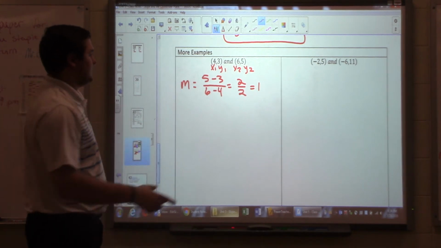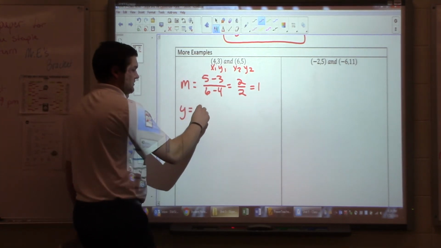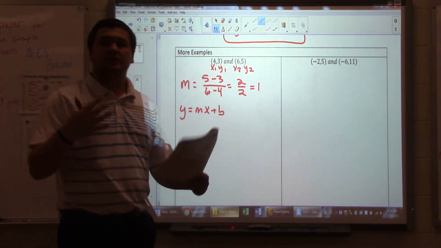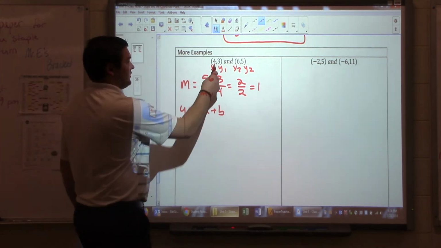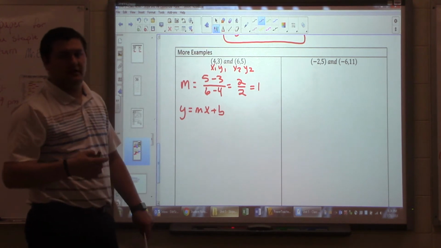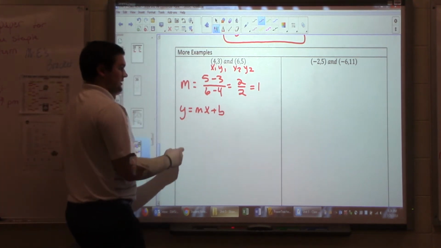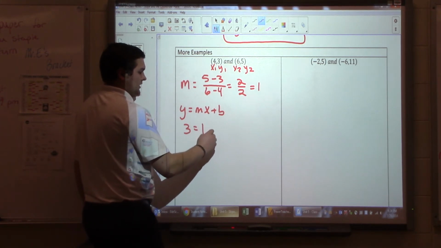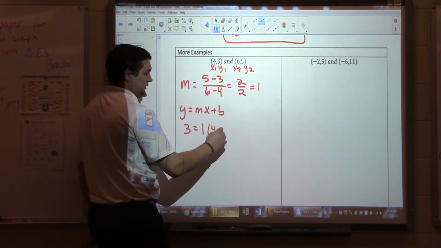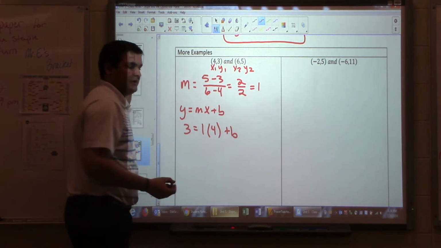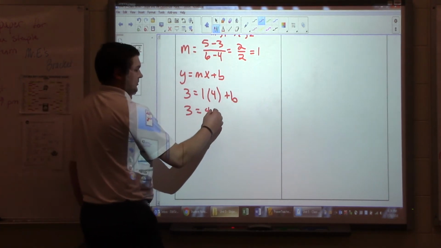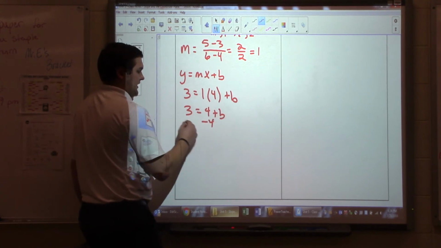So, take that 1, y equals mx plus b, take m equals 1, take either of your 2 points. I'm going to use 4 and 3, I'm going to use x1, y1 again, plug them all into here and solve for b. So, y1 is 3, equals m is 1 times x is 4, plus b. So I get 3 equals 4 plus b, and I'm just subtracting 4.